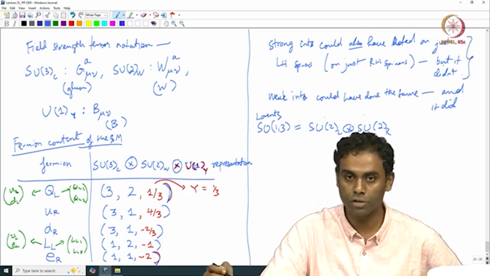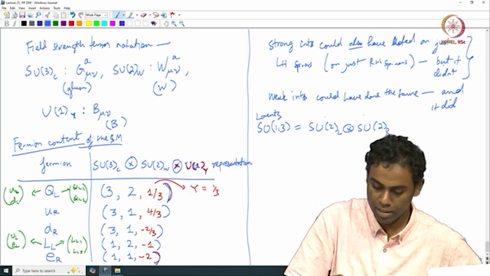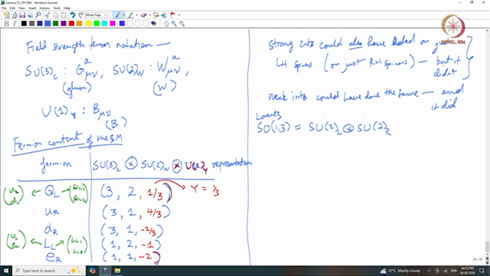As far as the strong interactions go, it didn't do that. It charged both the left-handed and the right-handed fields under itself, whereas the weak interactions made use of this option, and only the left-handed fields were charged. So there is no very big mystery here for why only left-handed particles feel the weak force. Why is there maximal parity violation in the weak force?